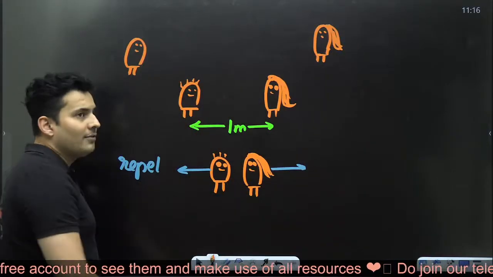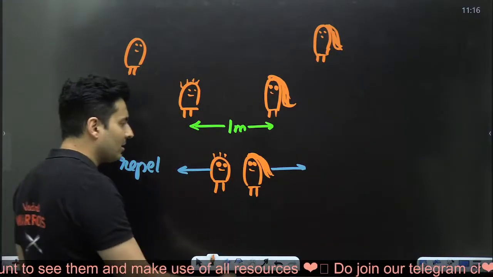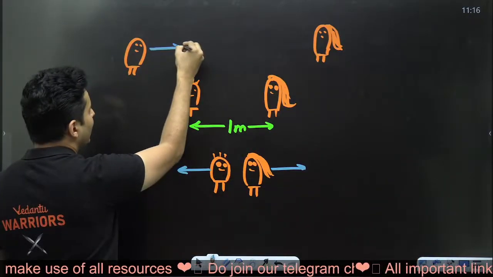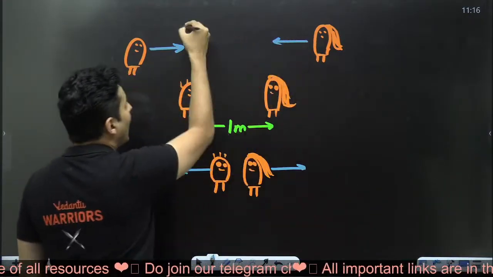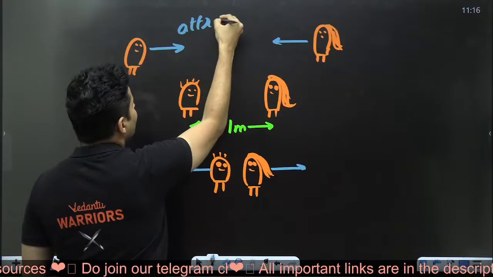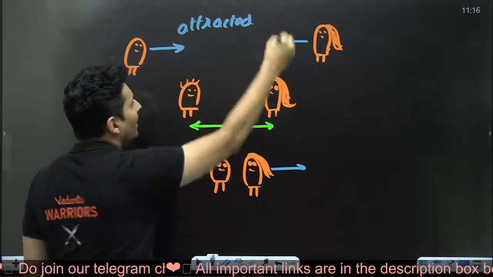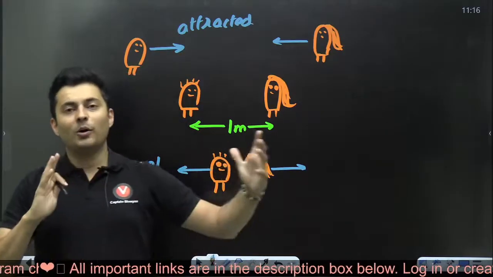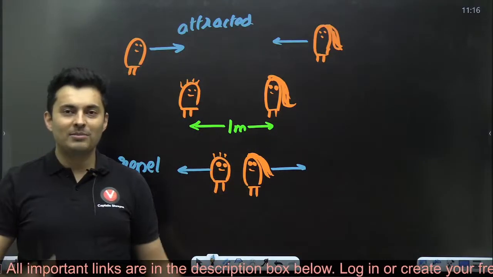They fight with each other or something. Then they realize how much they love each other. So Pandu then gets pulled, gets attracted towards Champa. So when they go far, they come close. When they come very close, they get repelled and they try to push themselves away.